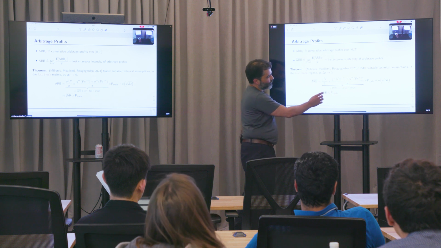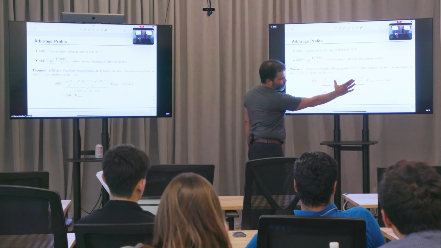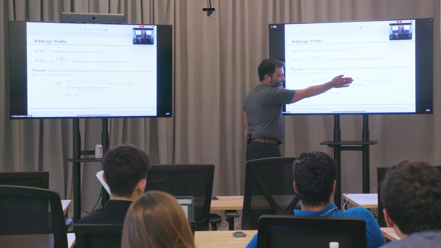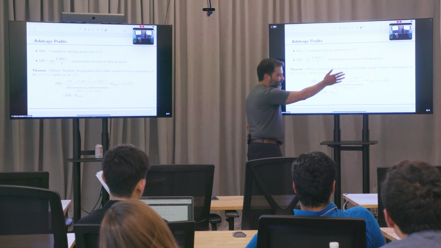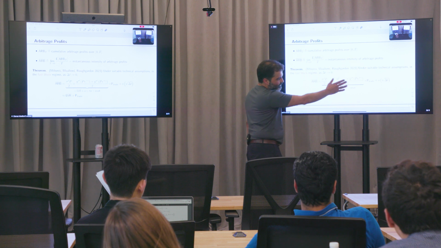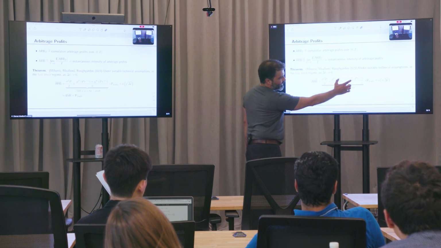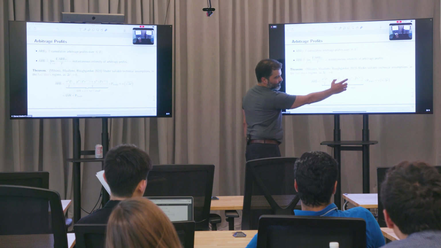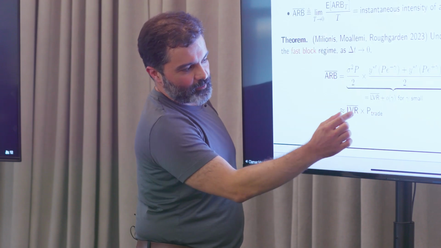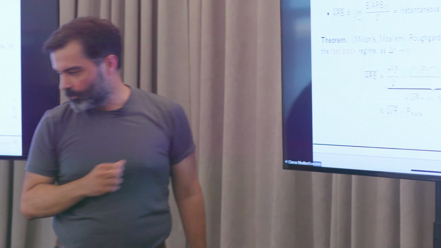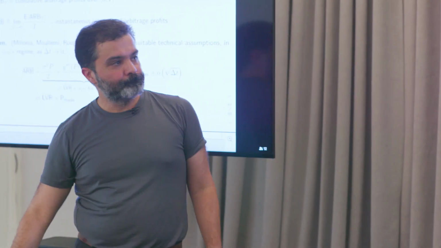If you recall the LVR formula, if this was just y star prime, that would be like the demand curve in the riskless asset, and I'd multiply by p, and I'd get the LVR formula. But for now, just trust me that this is the LVR formula plus an order gamma correction. For gamma small, this is basically LVR. So what I'm left with is LVR times the probability of trade, and then lower order things.